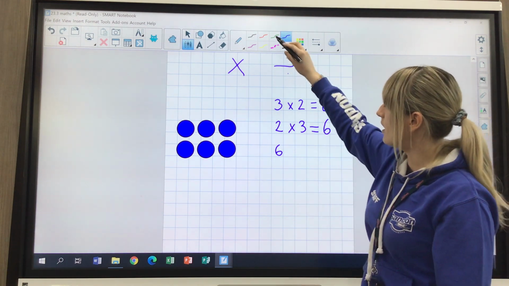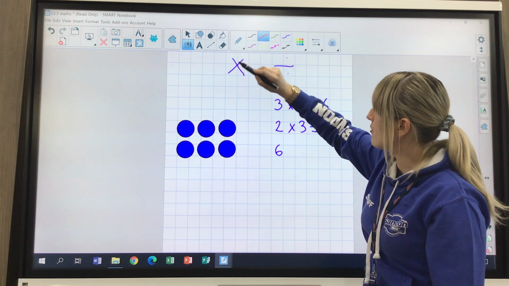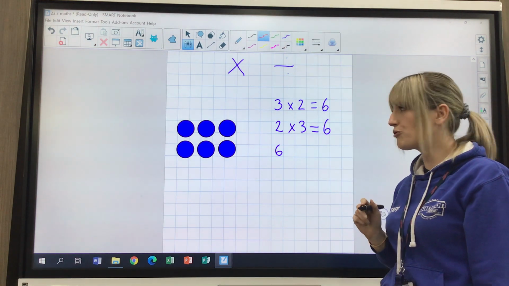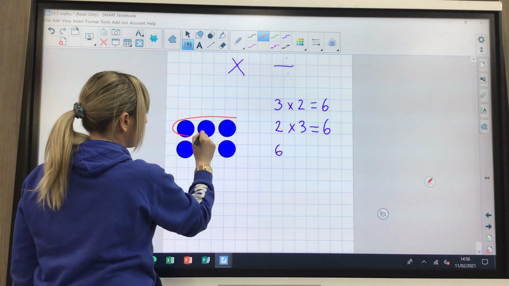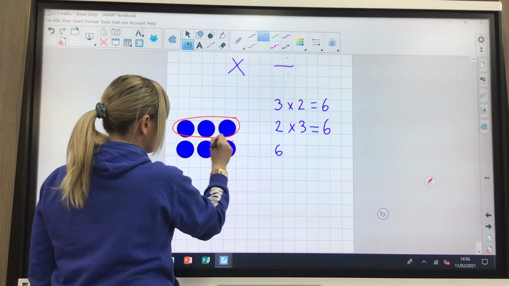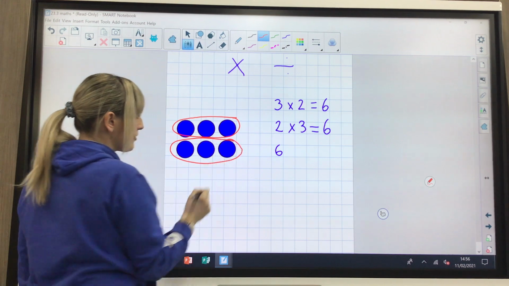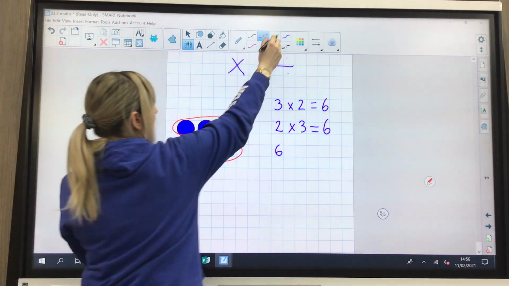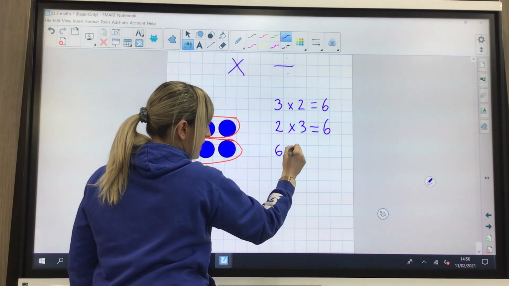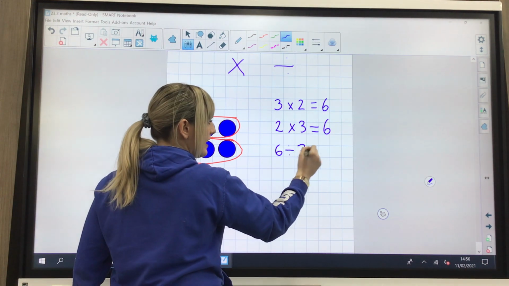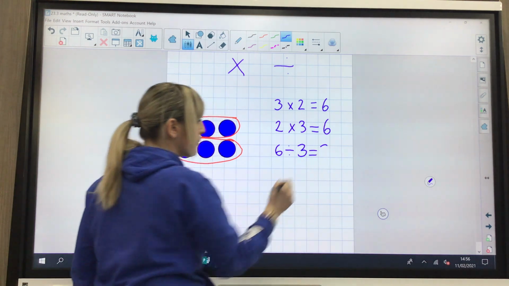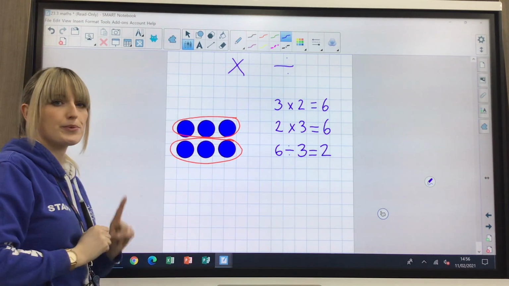Now, I'm going to choose my red pen. I'm going to make some groups. So I can make a group of 3 and another group of 3, 2 groups of 3. So I know then that 6 divided by or grouped by 3 equals 2, because I've got 2 groups.